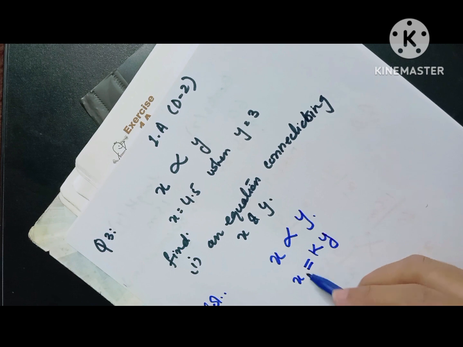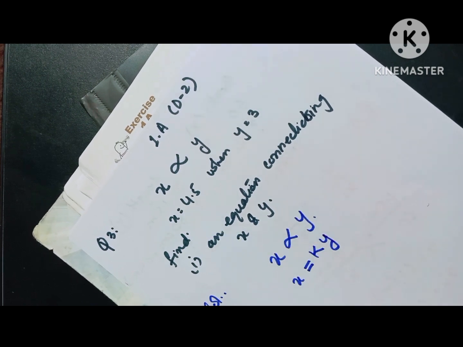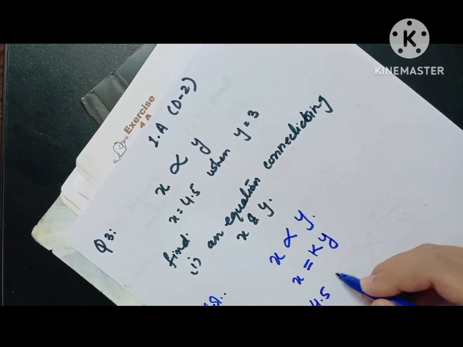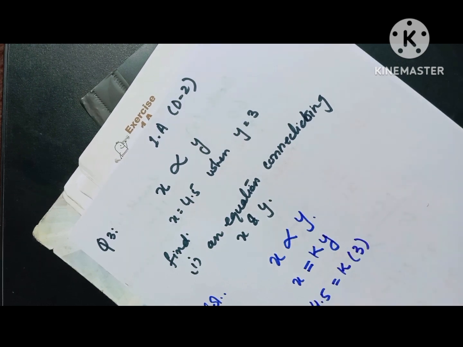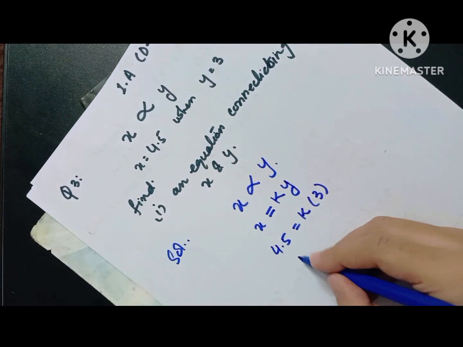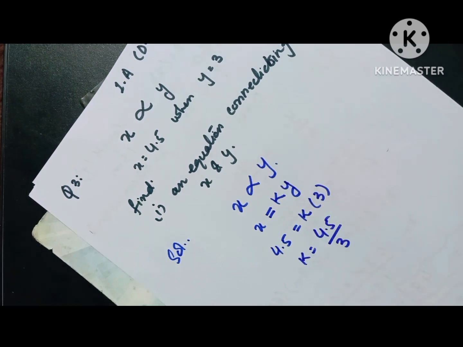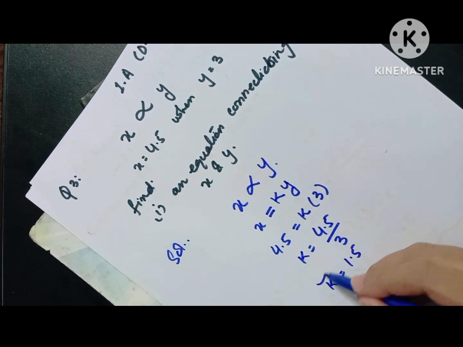And then the value of x as per the given question is 4.5. K is unknown and the value of y they have given us, that is 3. Then for the value of k we can write 4.5 divided by 3, and 4.5 divided by 3 equals to the value of k is 1.5.